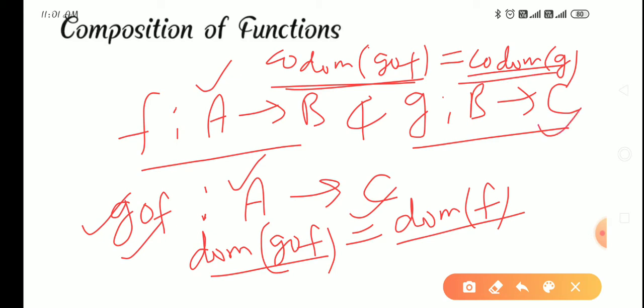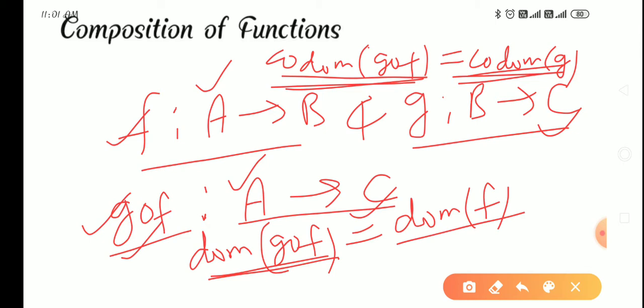So you have to keep in the mind, if f and g two functions are given, f is from A to B, g is from B to C, then their composition gof will be from A to C. So domain of gof will be domain of first function f, and codomain of gof will be codomain of second function g.